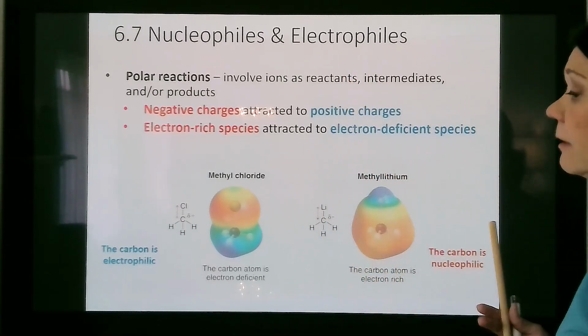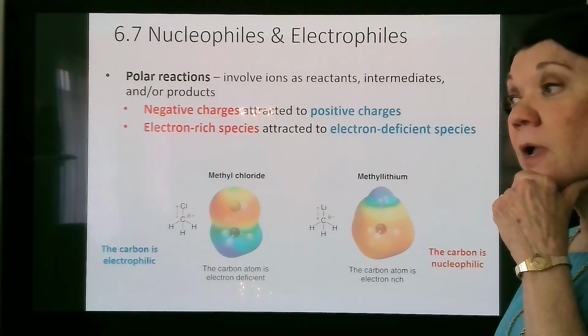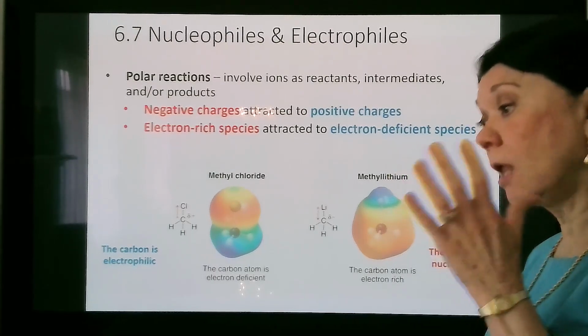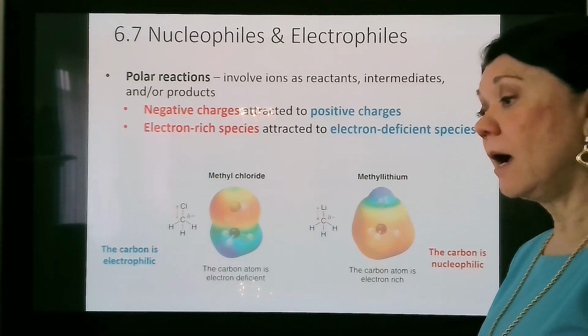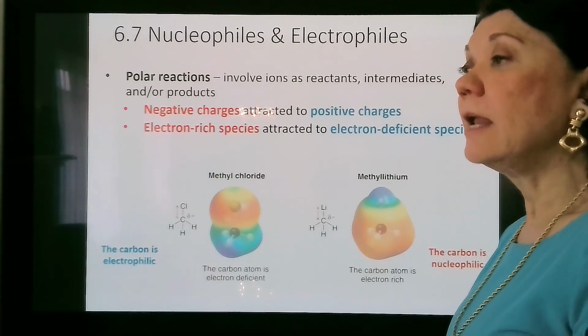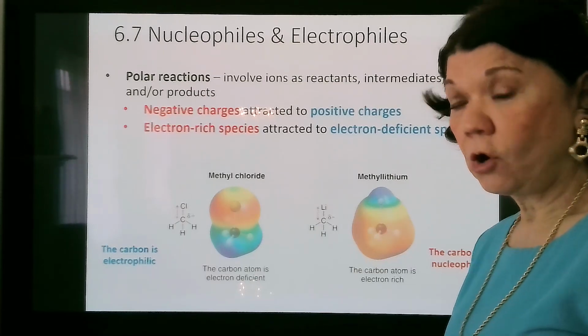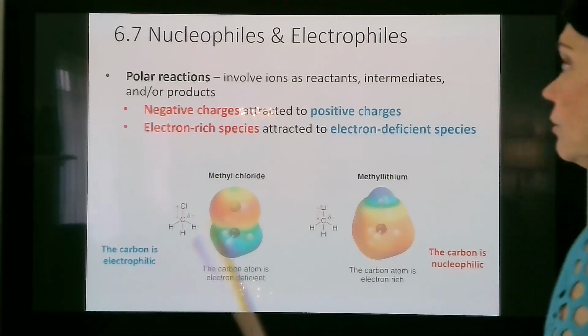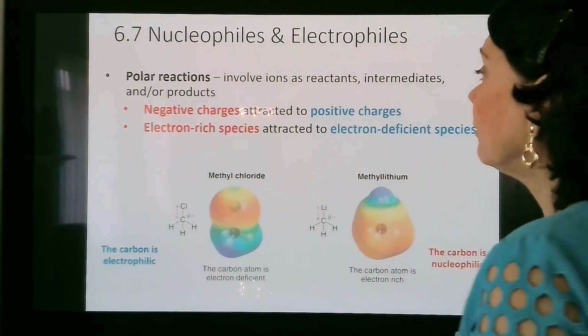The electrophile will have an empty orbital or an empty low-lying orbital, or an area of high positive charge density, so that the nucleophile will attract the electrophile and vice versa. So these are going to be polar reactions.